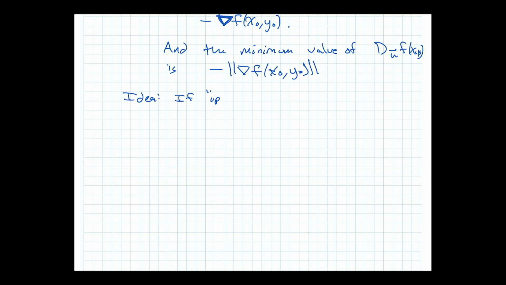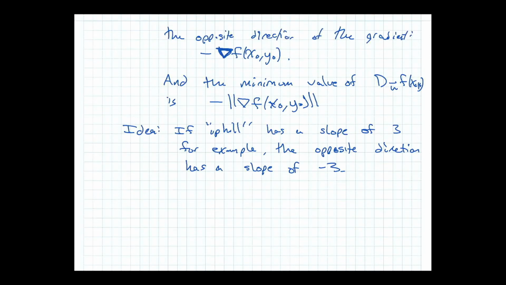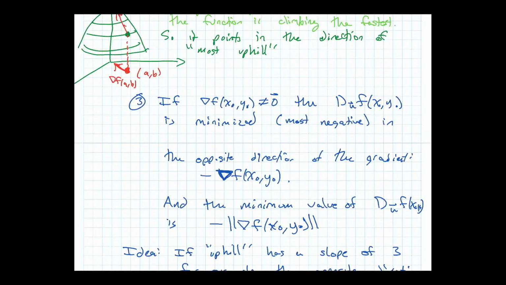If uphill has a slope of, let's say, 3, then the opposite direction, if you turn around, is the same slope.